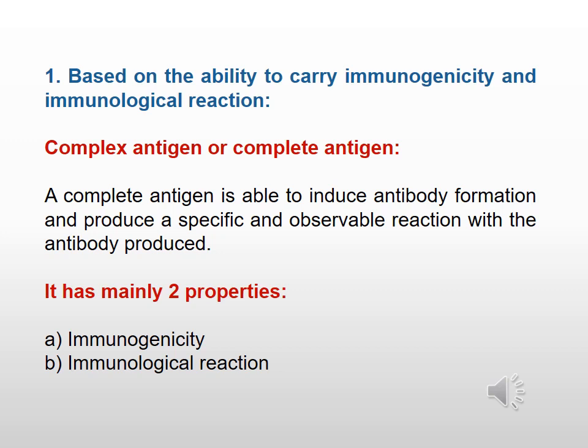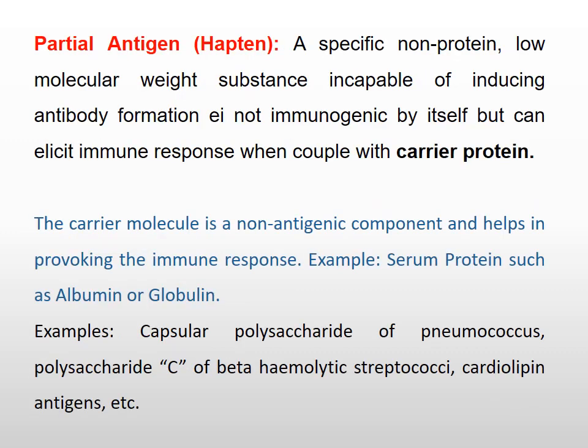And number two, produce a specific and observable reaction, that means immunological reaction. So not only production of antibody, that is immunogenicity, but also production of a visible immunological reaction. So these are the two main properties of complete or complex antigen. Then partial antigen or incomplete antigens, they are also called hapten.